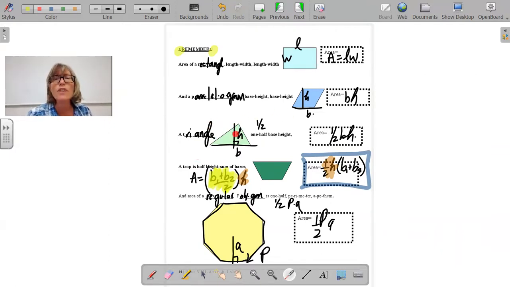The trap is half height, sum of bases, and area of a regular polygon is 1/2 perimeter, apothem. Boom, boom, boom.